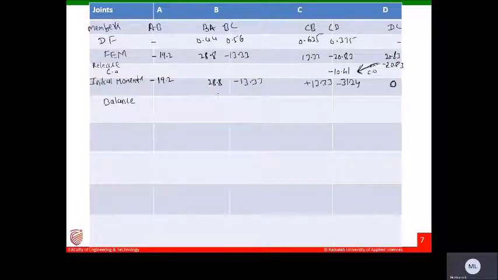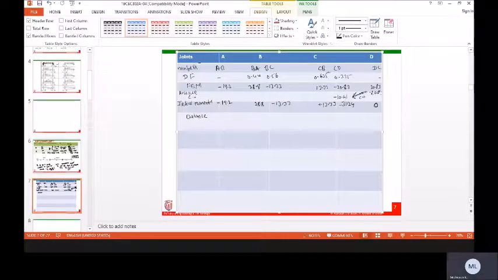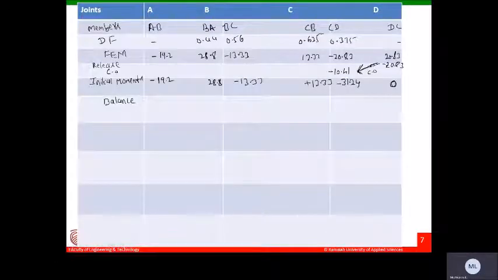So what I have to do here, balance means, add the movement at the joint B. Intermediate means BA and BC should be added. Add the bending moment at that point. So BA and BC should be added.